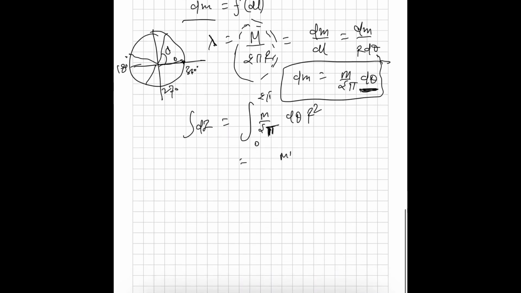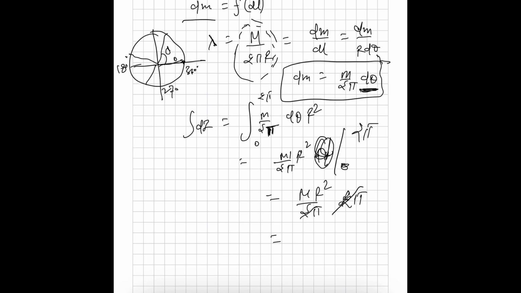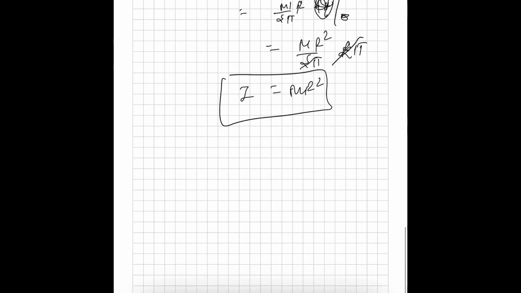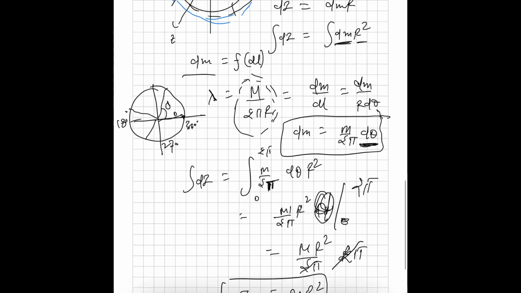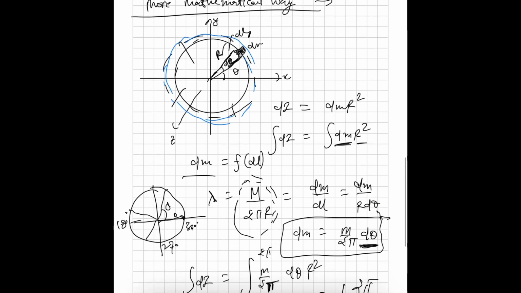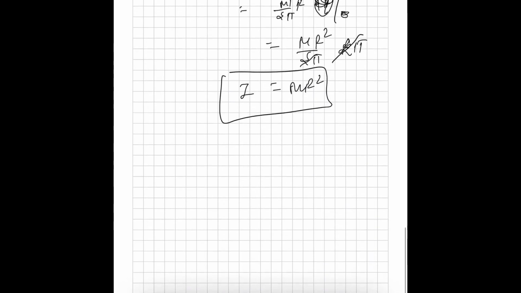So M over 2 pi, d theta will become theta, limits 0 to 2 pi. M and r square will remain intact. So M r square, the 2 pi and 2 pi will cancel out, and again we are getting the same expression: I is equal to M r square. Okay, so in two ways we have calculated this moment of inertia.